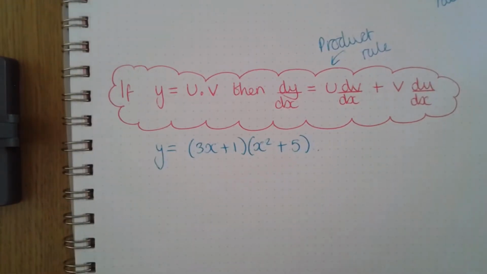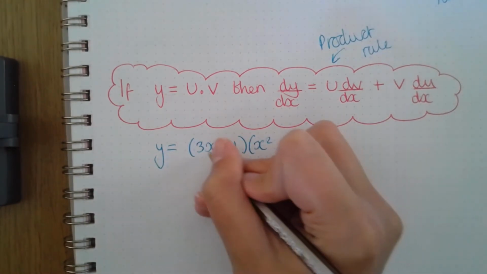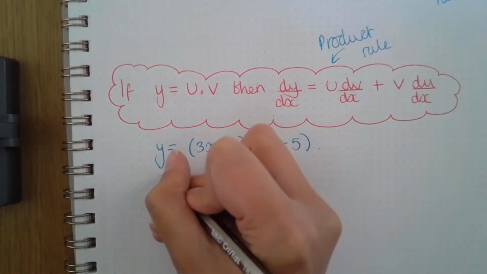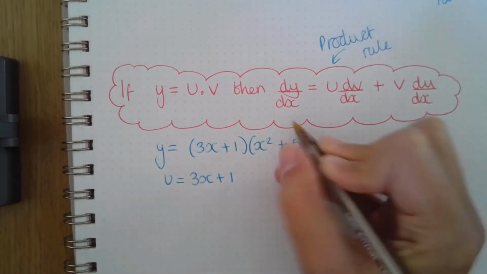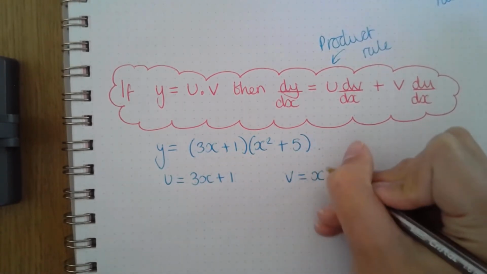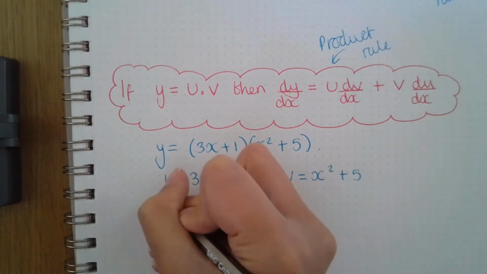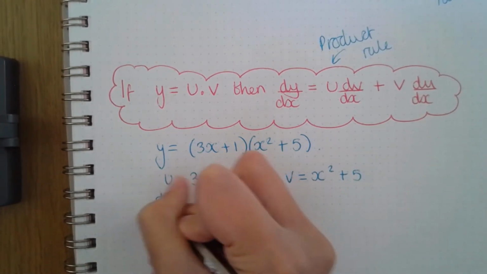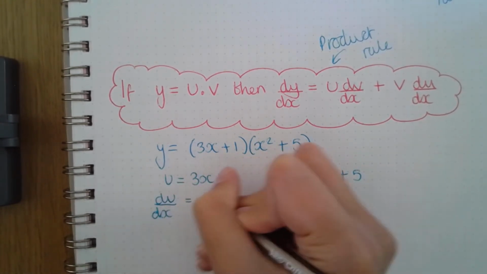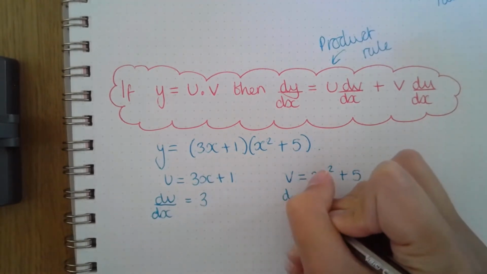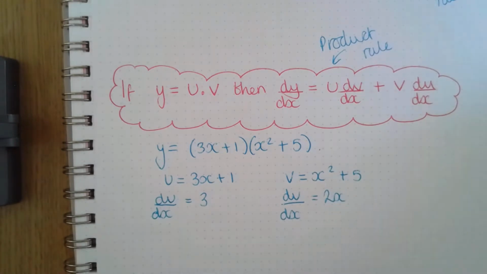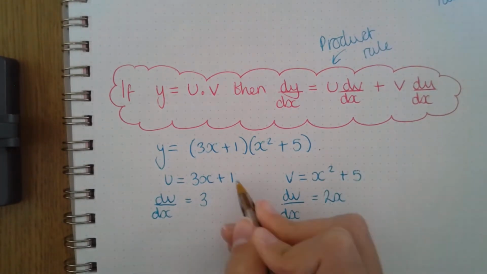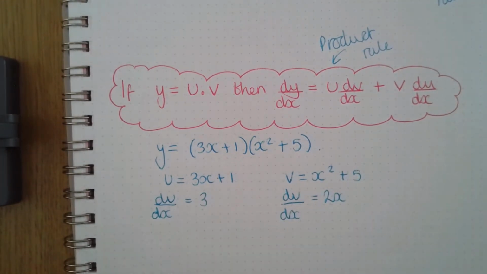We've got u is 3x plus 1, v equals x squared plus 5. The differential of u with respect to x is 3, and the differential of v with respect to x is 2x. So I've differentiated this to get 2x, differentiated this to get 3.